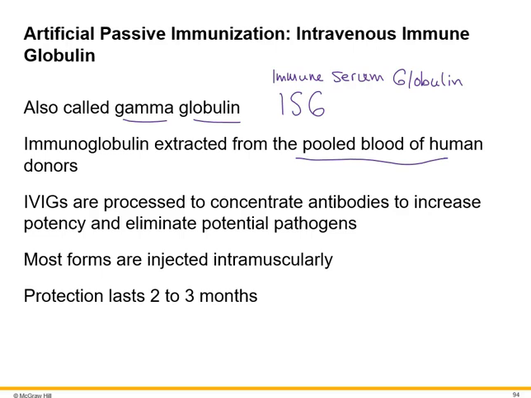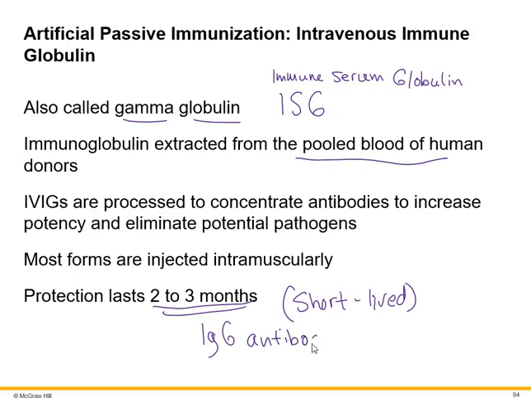So they give them a pool of blood from human donors in that area. Most of the forms are injected intramuscularly, and it gives you about 2 to 3 months protection. So this is pretty short-lived, less than a year. It's just as long as the IgG antibodies will last.